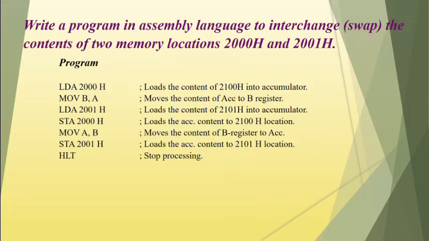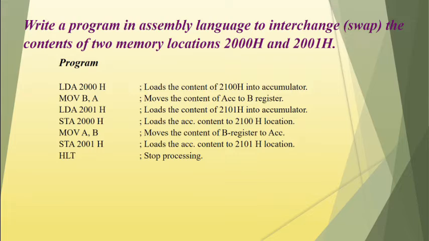Let us see what is the program. So to move the contents of memory location 2000H into accumulator, you have to use the command LDA 2000H. To store the contents of accumulator into register B, we have to use the command MOV B, A. Once again, to move the contents of memory location 2001 into accumulator, you have to use the command LDA 2001.